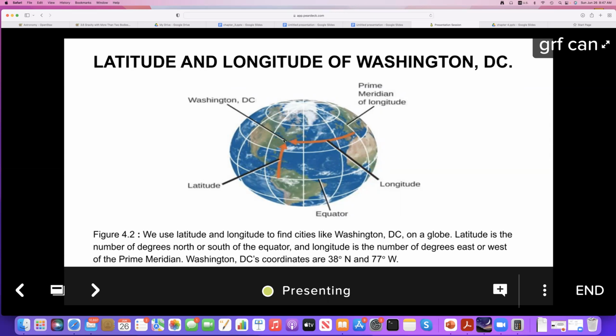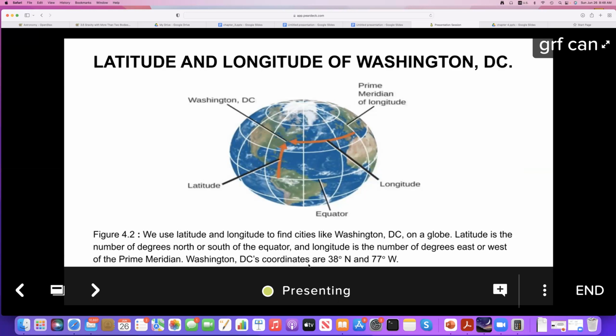And you can see, if you are looking at this particular location, which is Washington, D.C., when you need to give the coordinates, you have to define the longitude starting from this prime meridian. So this red arrow defines the longitude of Washington, D.C., the angular distance measured from here to here.